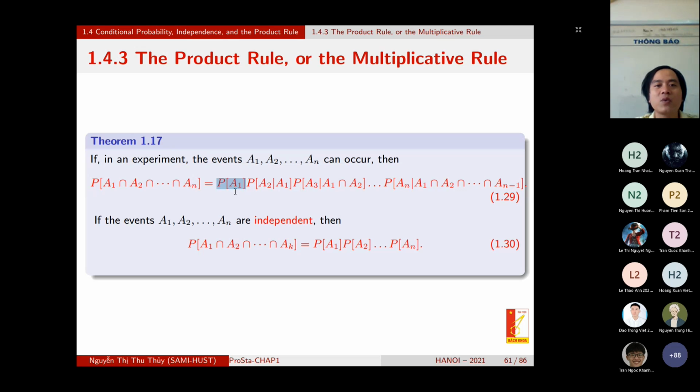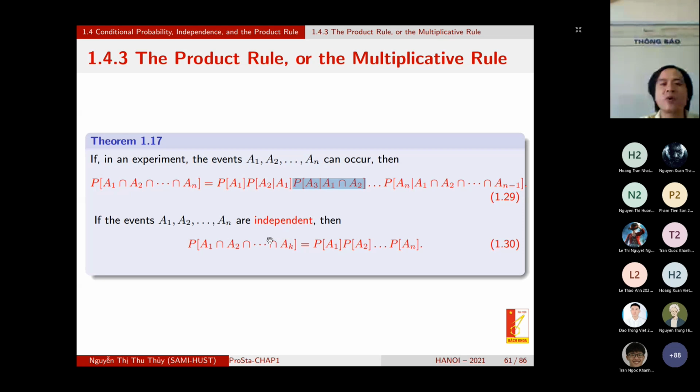First we compute the probability of A1, then the conditional probability of A2 given A1, and then the conditional probability of A3 given that A1 and A2 occurred already, and so on.